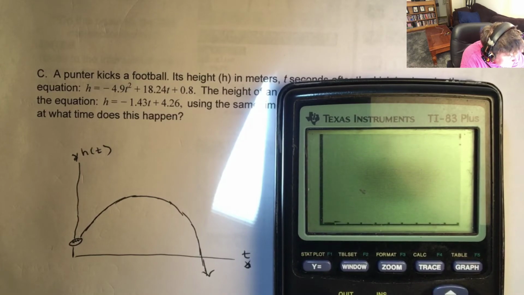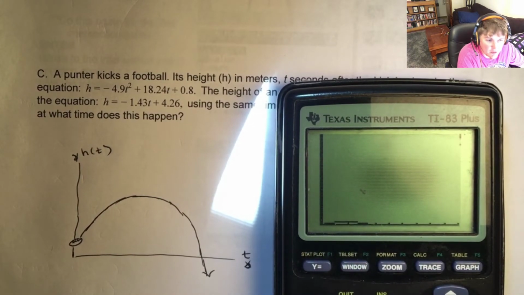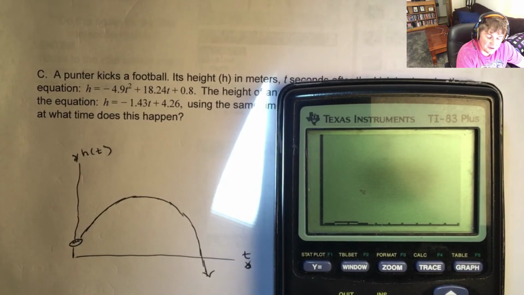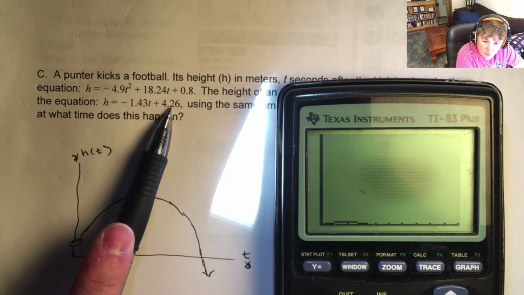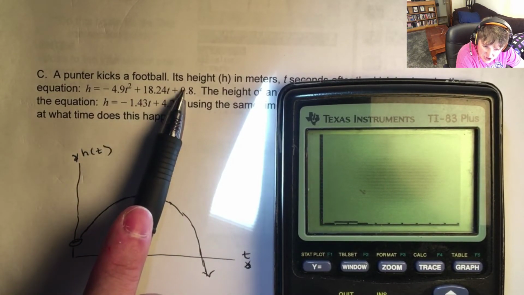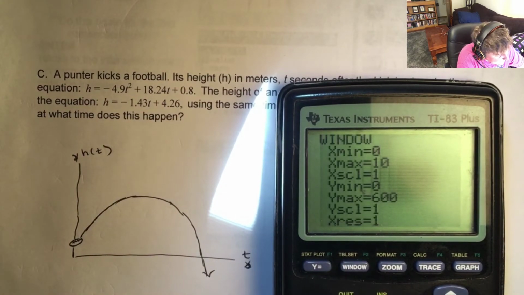Now, we can kind of see the curve here, but we are not necessarily looking at the right frame. We know that this graph is going to start at 4 and it's actually going to decrease. And this one starts at 0.8. So I think it's fair to say maybe the y-axis we want to start at 5.